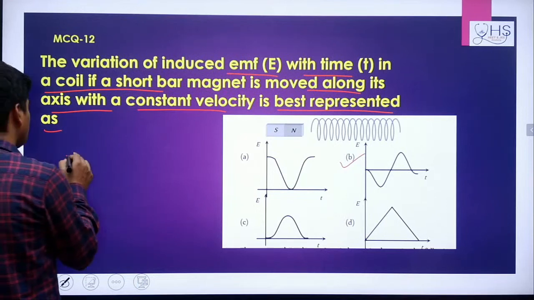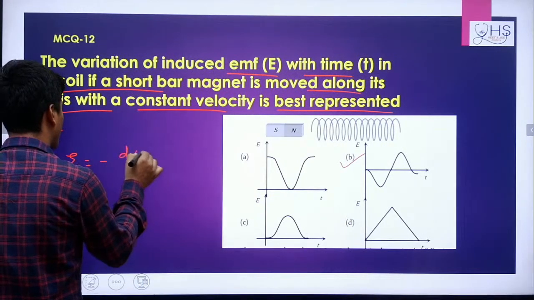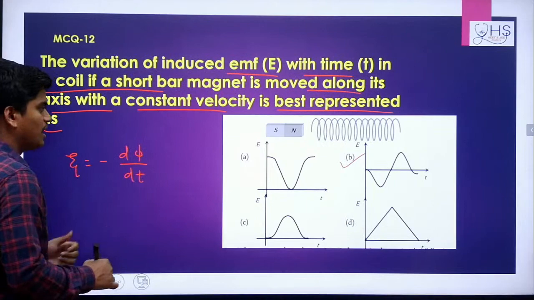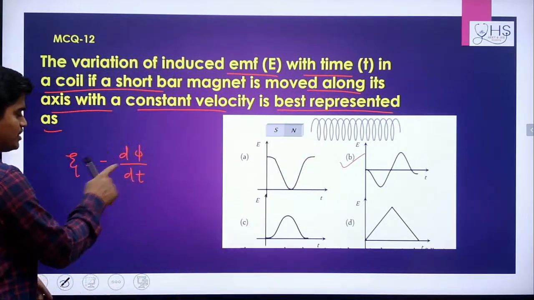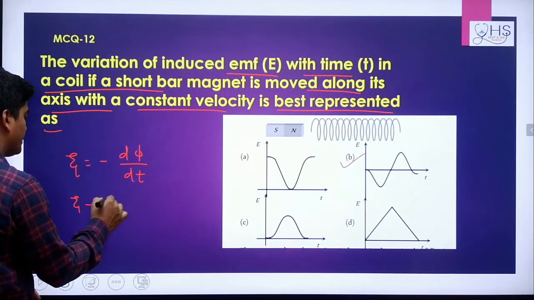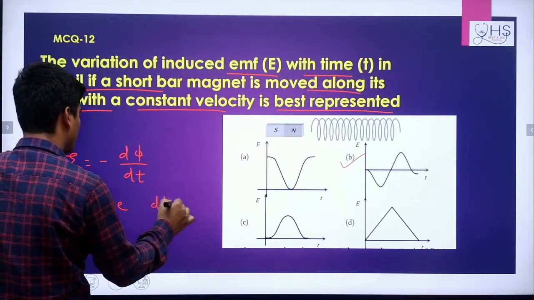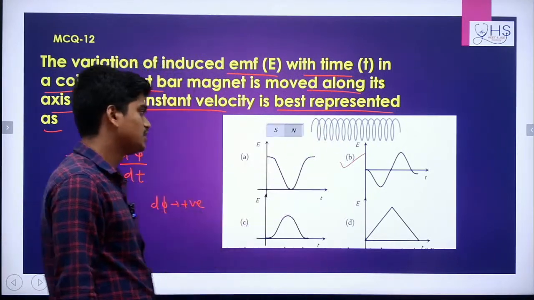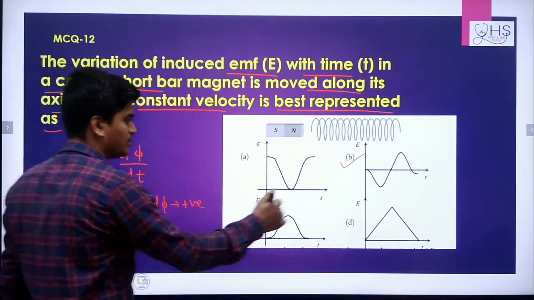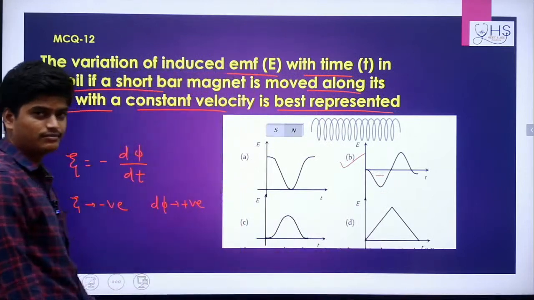If you want to check that, you can check here. EMF equals minus d phi by dt. Now remember, when it is going inside, there is an increase in flux, so delta phi is positive, so EMF will definitely be negative, because d phi will be positive. Okay, when it is going inside. That's why in the first case your EMF should come negative.